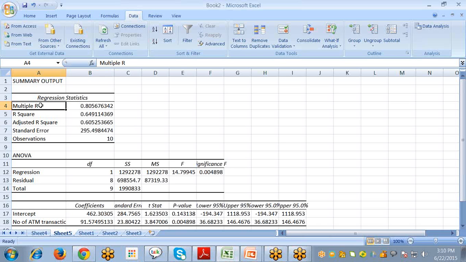And Multiple R is nothing but the correlation coefficient between Y and X, and R Square is just the square of this value.